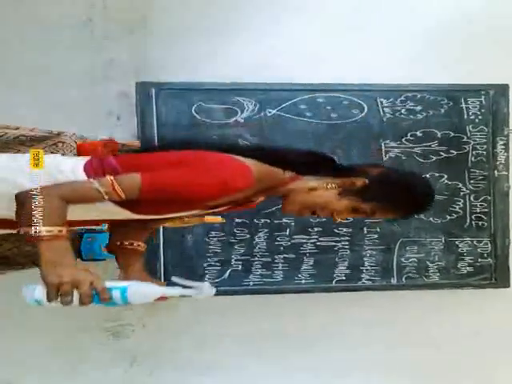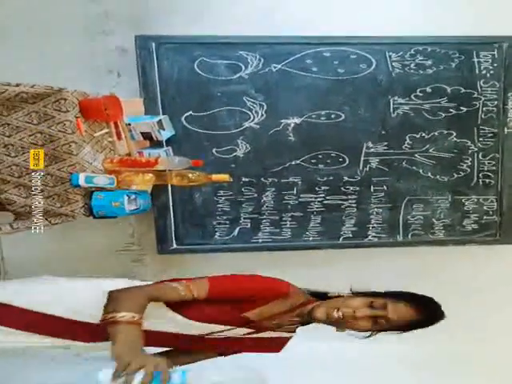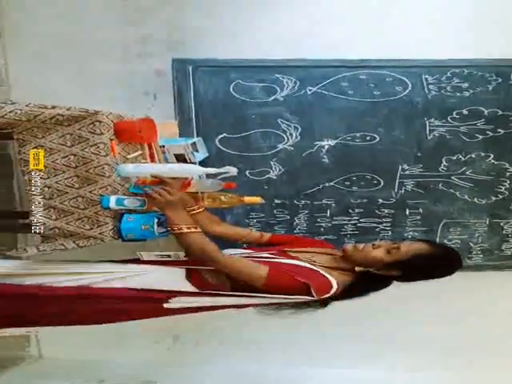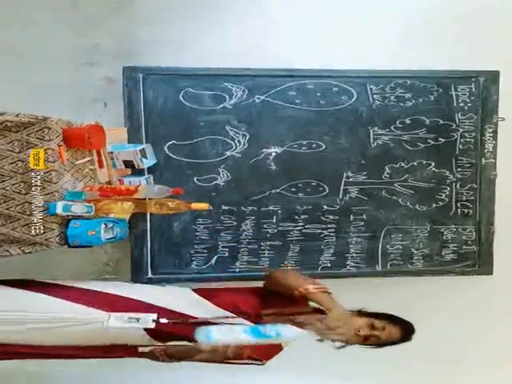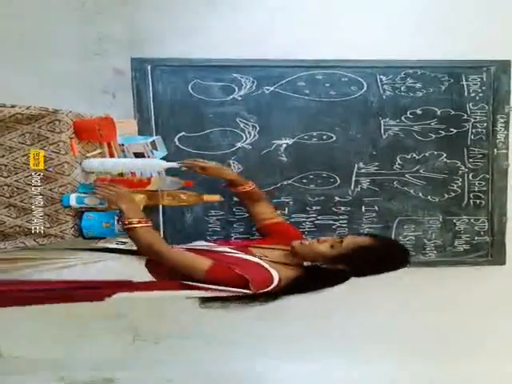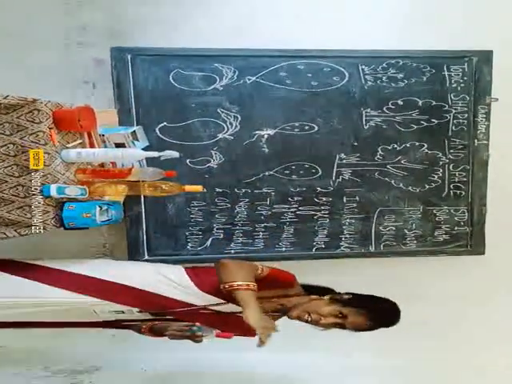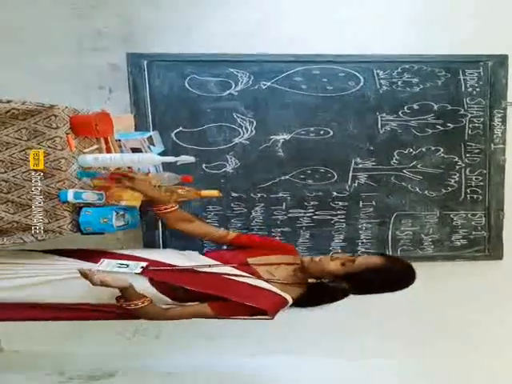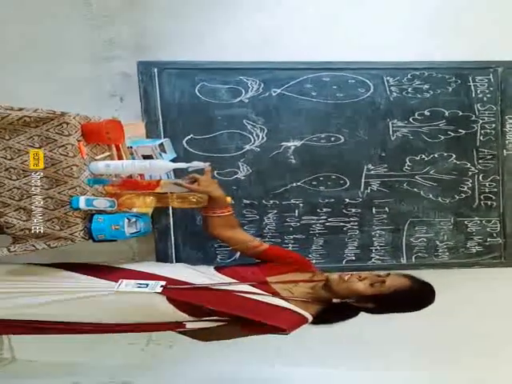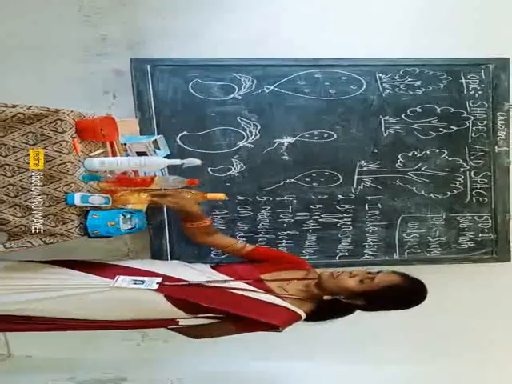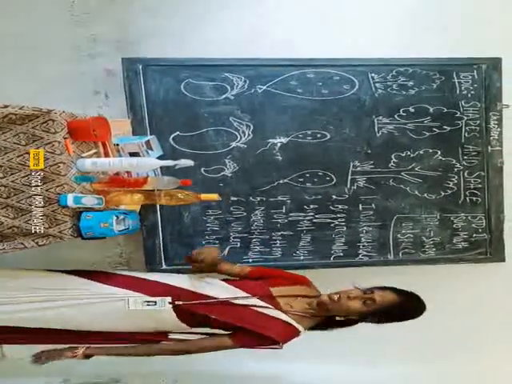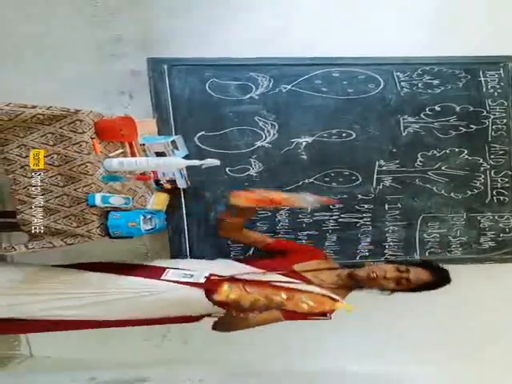Yes ma'am, I will tell. Okay, tell me. Yes, this one is big in size, and this sanitizer bottle is very small. So this is your bigger sanitizer bottle, and this is your smaller.